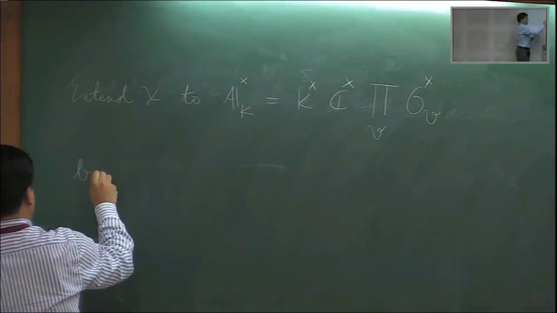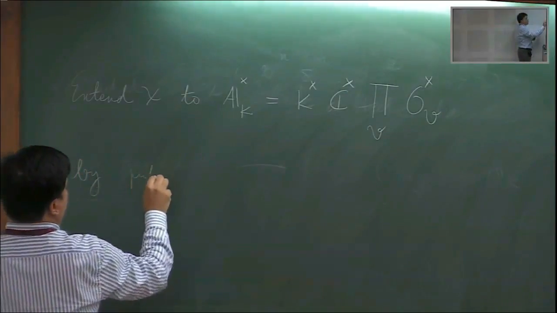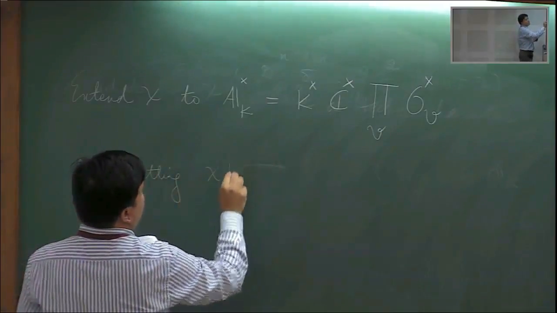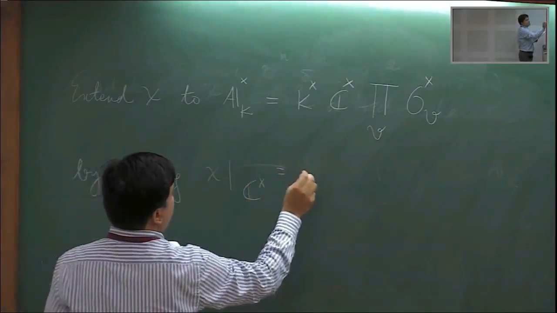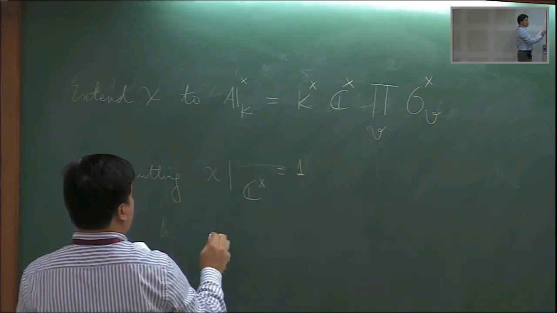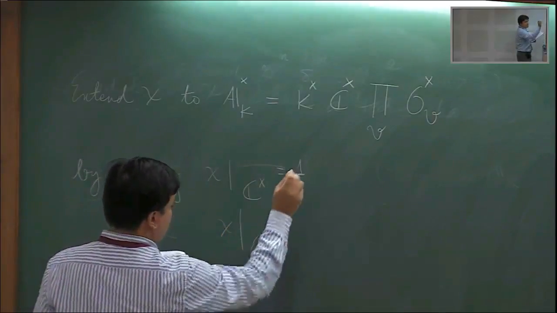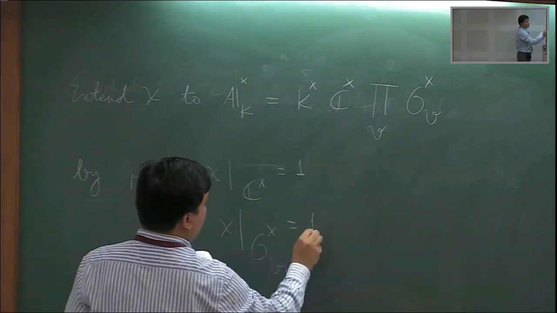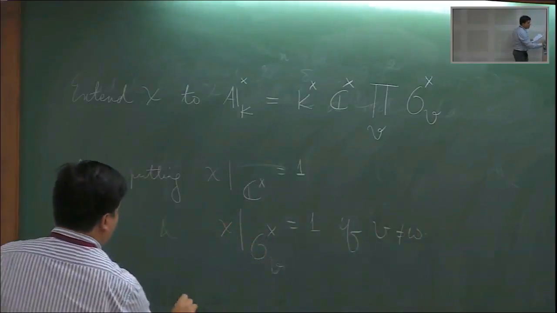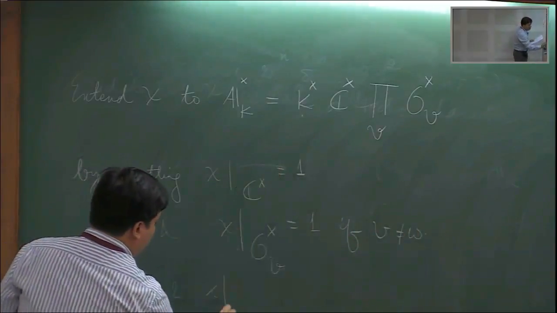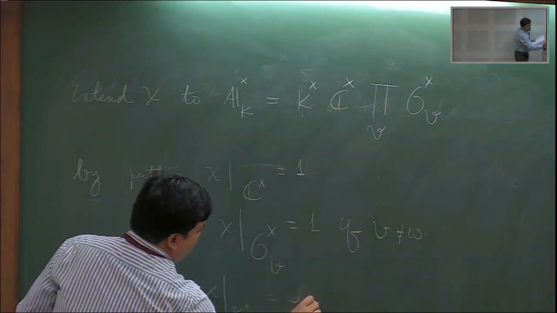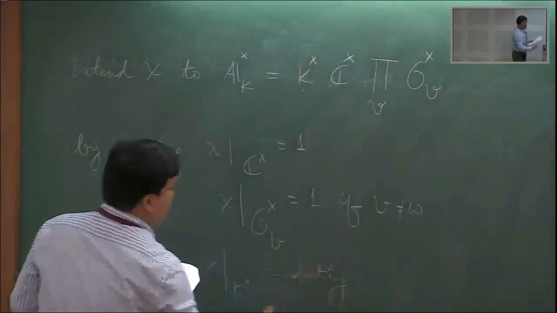By putting chi to be trivial on C, this is 1, and on O_V star it is also trivial if V does not belong to W, and on the W component it is the given chi.